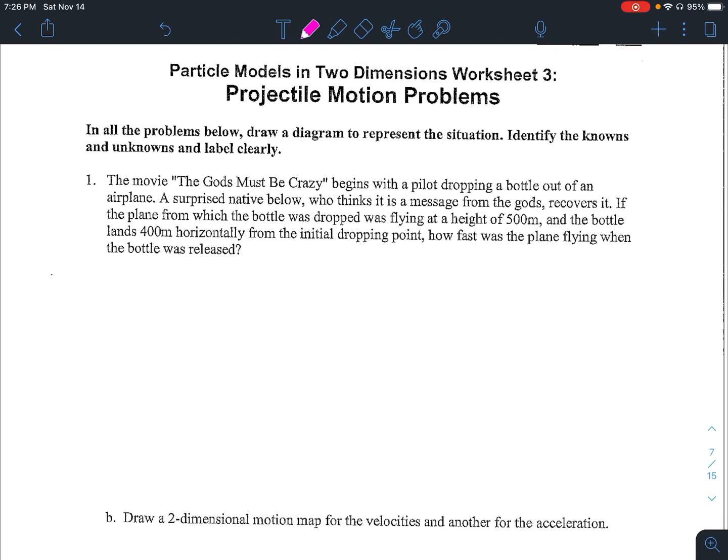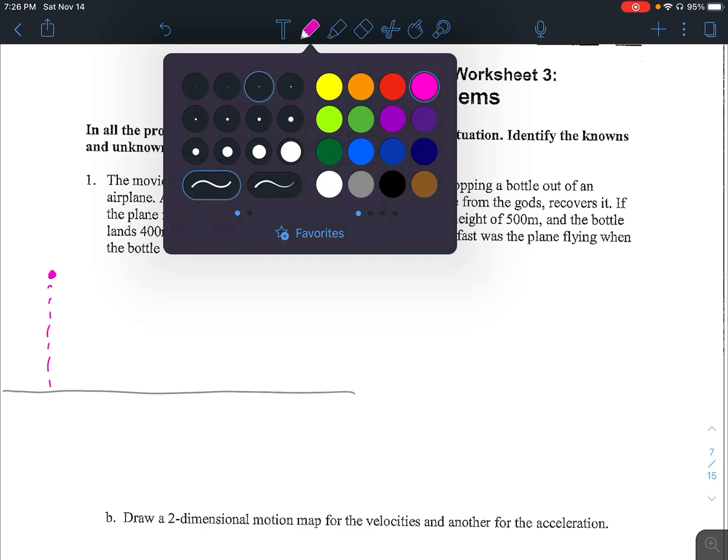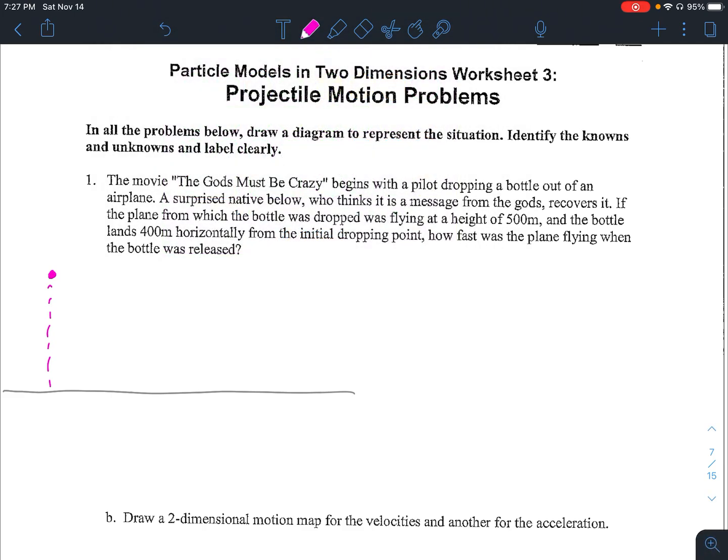So I'm going to do some easy drawing here. So this is how high we are from the ground. Let's see, we're 500 meters up, right? And the trajectory or path that the bottle is going to take is a parabola. So we'll land down here.